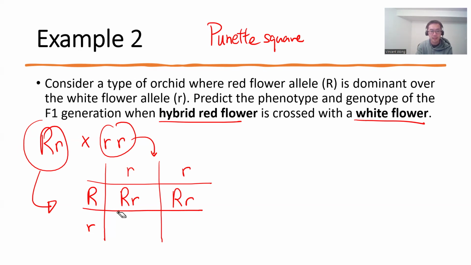This and this gives you small r, small r once again. So in terms of phenotype, 2 of the 4 are going to be red, and 2 of the 4 are going to be white.